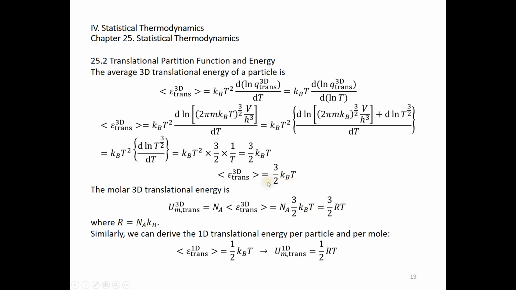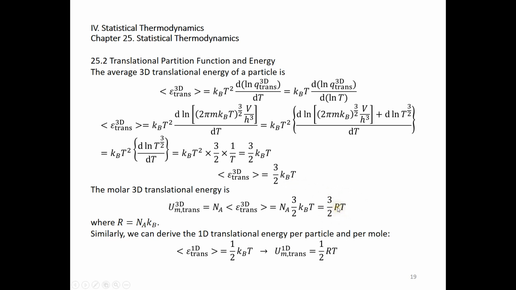That means they don't feel any attraction or repulsion. That means we're dealing with ideal gases when we derive this. For ideal gases, no attraction, no repulsion, they are considered free particles in the three-dimensional box. The average translational energy is 1.5 kbt, and the molar three-dimensional translational energy is 1.5 RT.